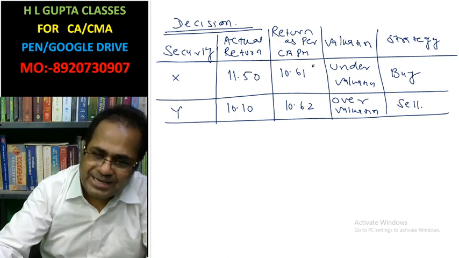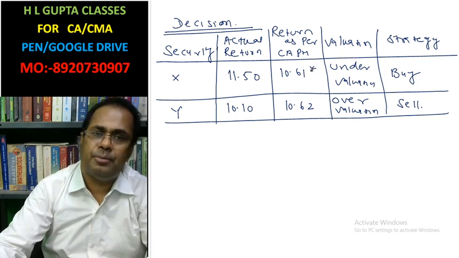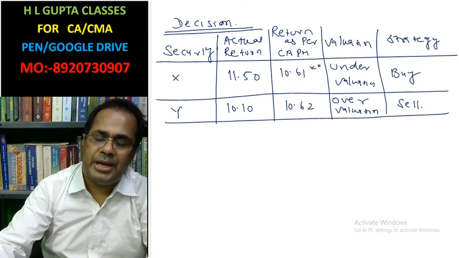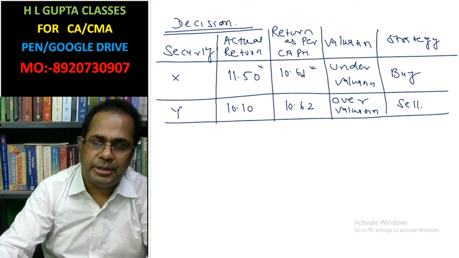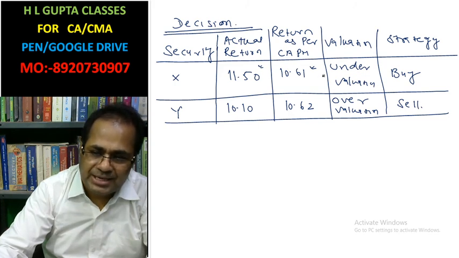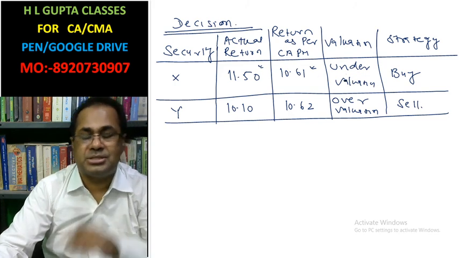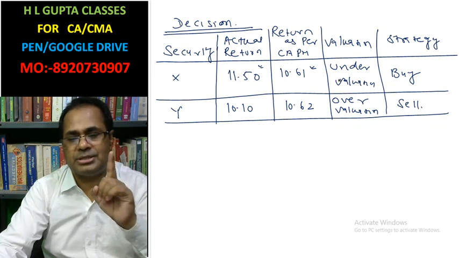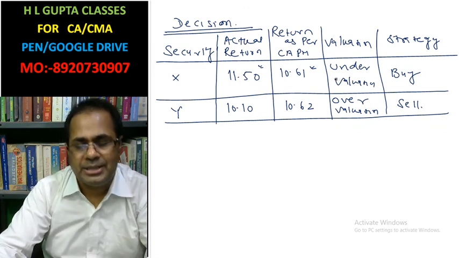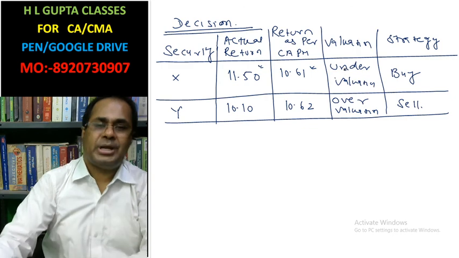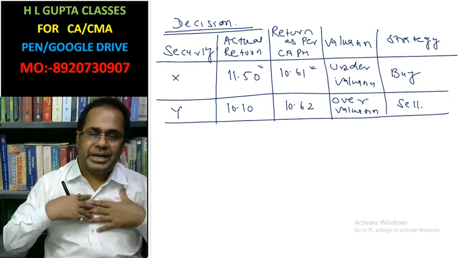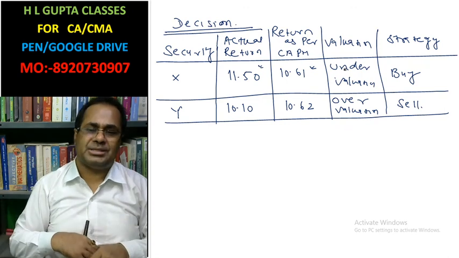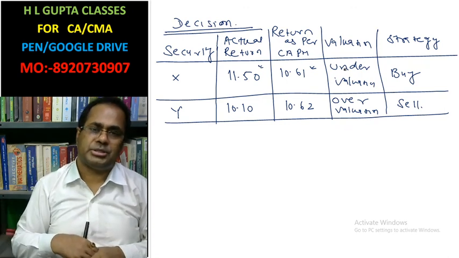Investor is expecting 10.61 and company is providing return 11.50. Then investor expectation is lower. That is why it is said to be undervaluation. And this type of security, where I'm investor, I'm expecting lower, but I'm getting more than my expectation. Of course, we should buy the securities.